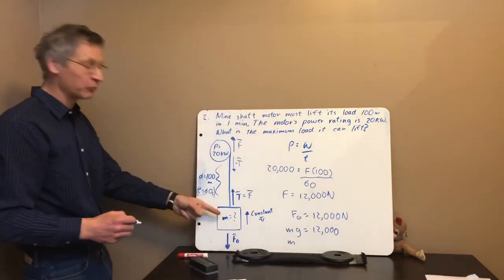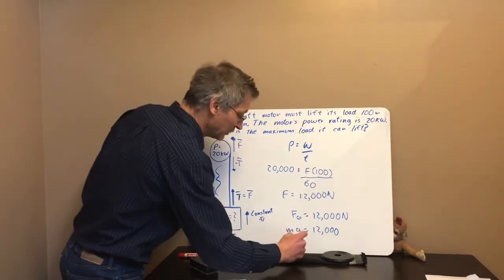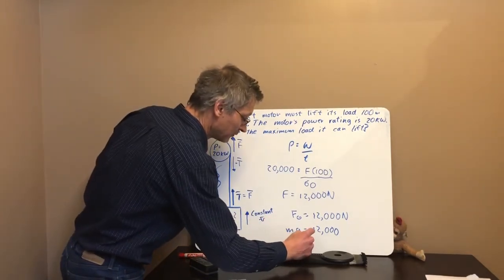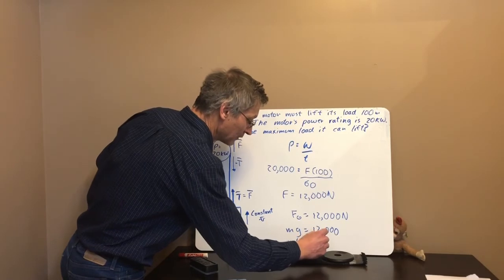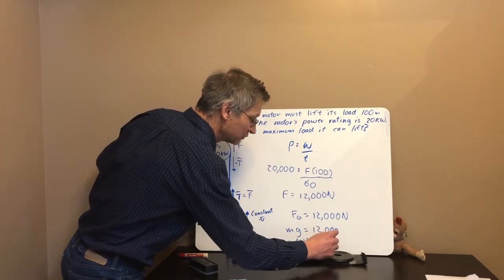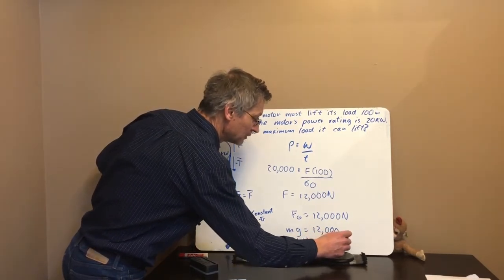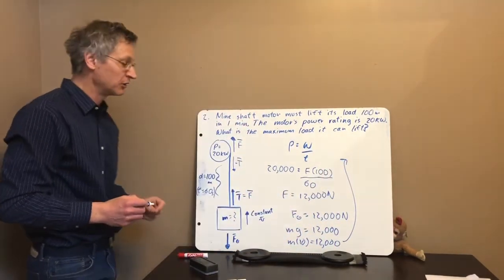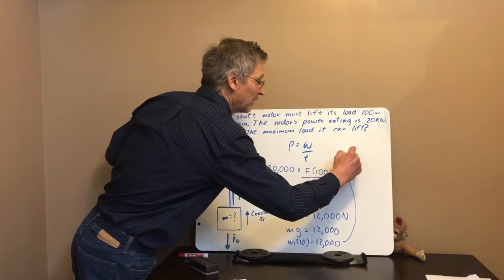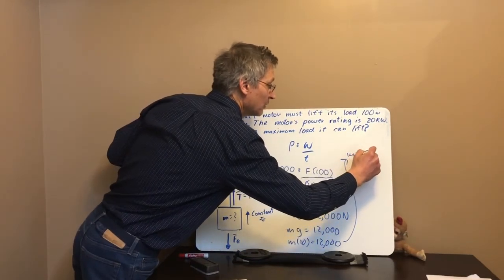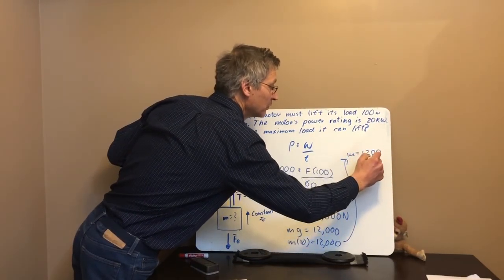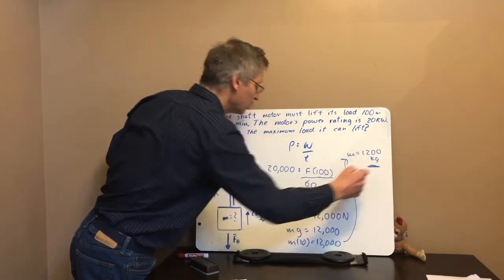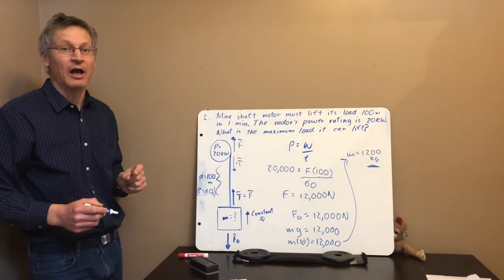So the mass, which is what we're trying to figure out, times the gravitational field, which is 10, is equal to 12,000 newtons. So you just solve this equation. The 10 goes across to the other side, goes downstairs, and there's your mass: 1,200 kilograms. That's the maximum load you can put in this thing.